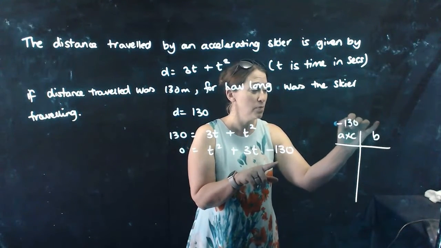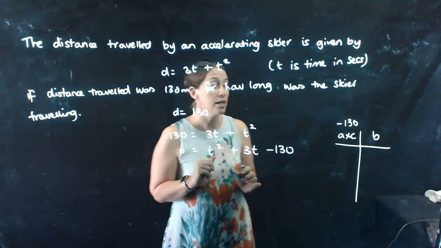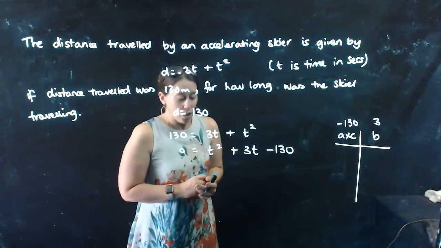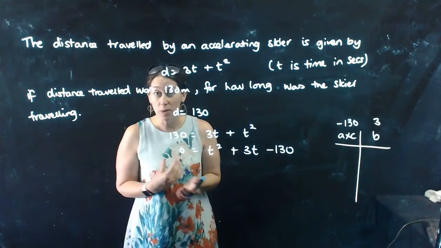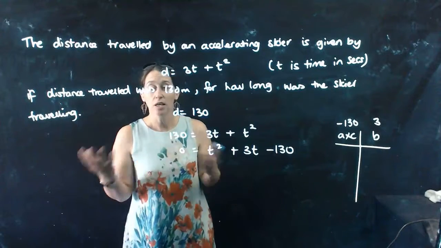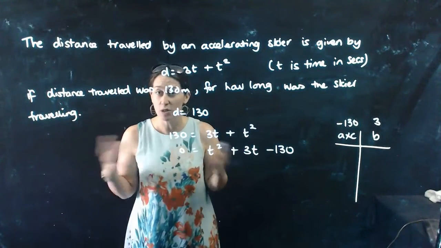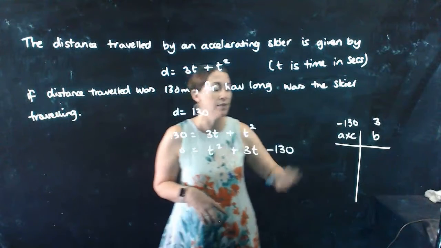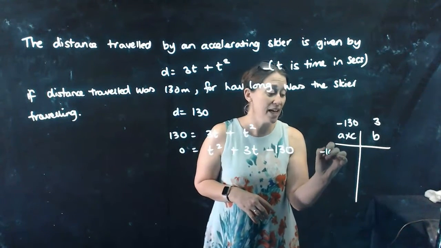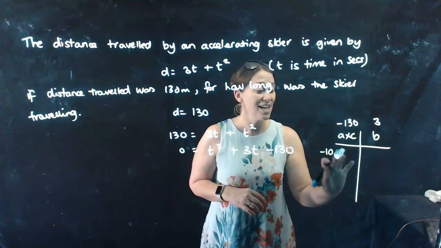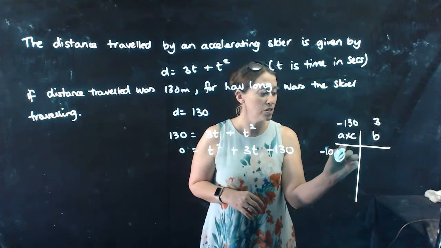I'm looking for two numbers that multiply together to make negative 130 that when added make 3. I'm looking at probably a 10 times 13, but one of those has to be negative in order to make positive 3 when I add them. So it's going to be minus 10 times 13, because minus 10 add 13 makes positive 3.